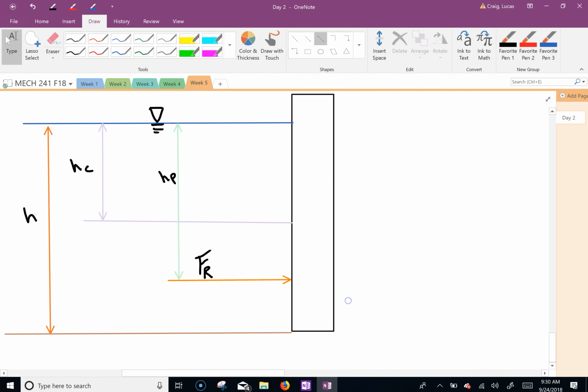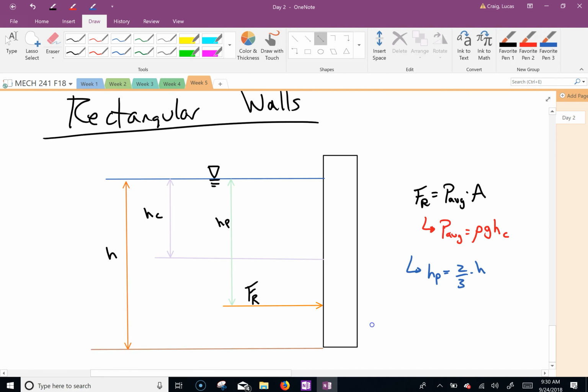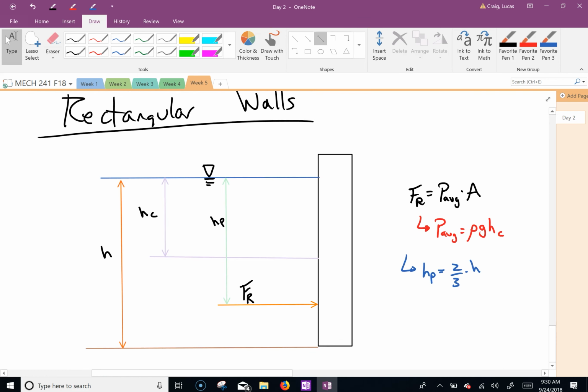Now, over here on the left, you have FR, that's P average times A, where P average is rho g HC. And then just for reference, for this case, 2/3 times H. But if you notice, this 2/3 is only true under this heading, rectangular walls.